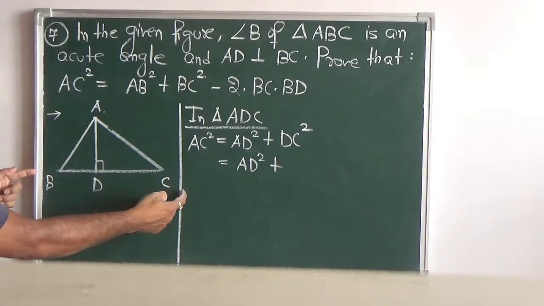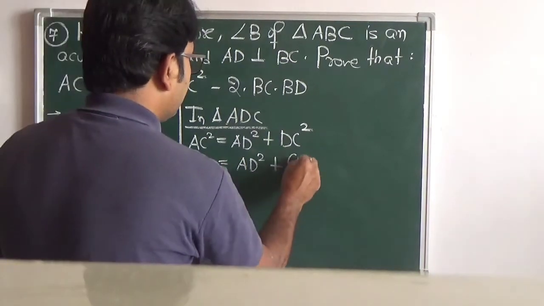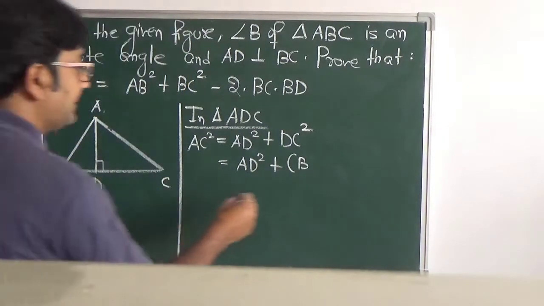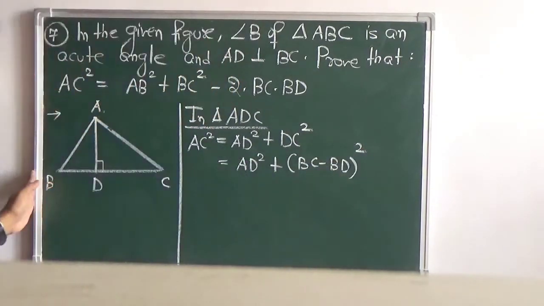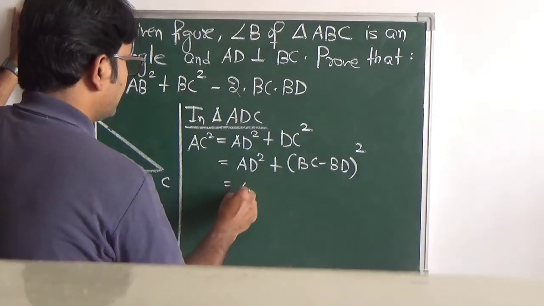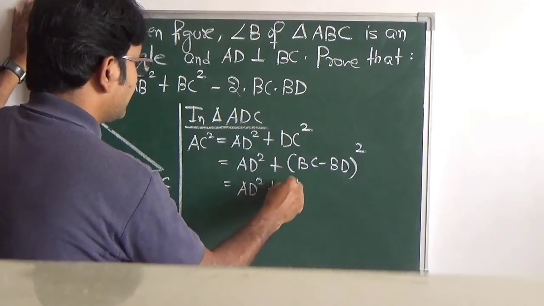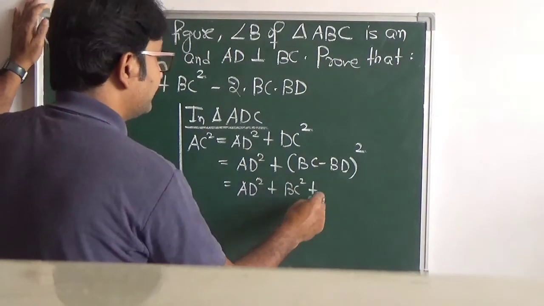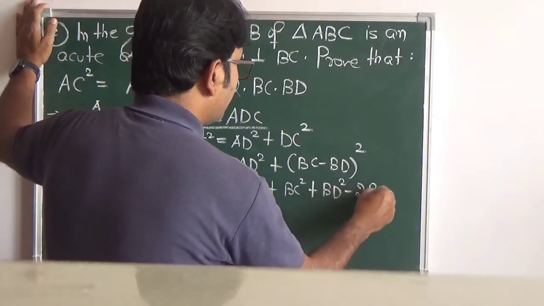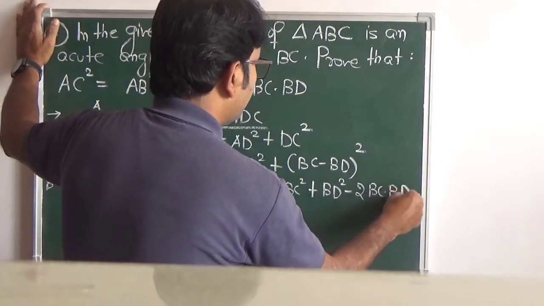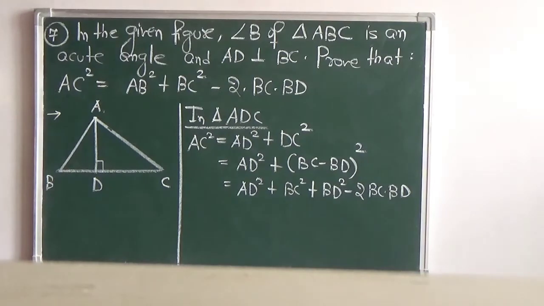DC is BC minus BD. So we'll write it as AD square plus BC minus BD whole square. Now we can expand this. We get AD square plus BC square plus BD square minus twice BC into BD.